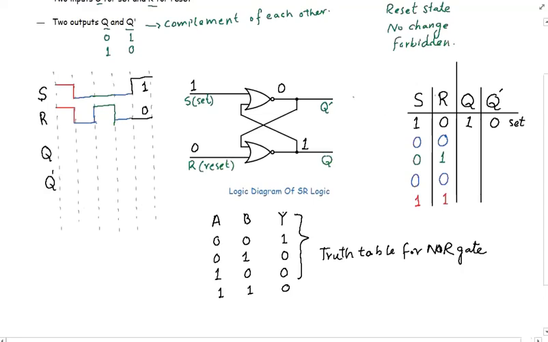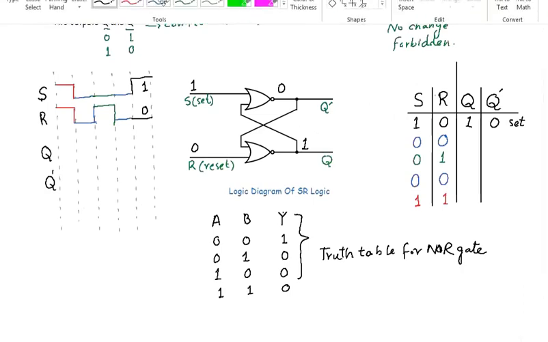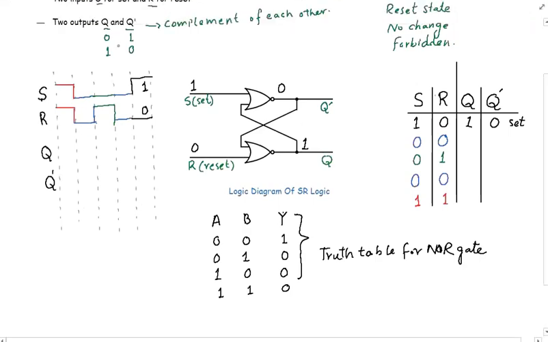Then coming to the second condition, we apply a 0 signal at both inputs. Let me write it here so it is clearly visible.